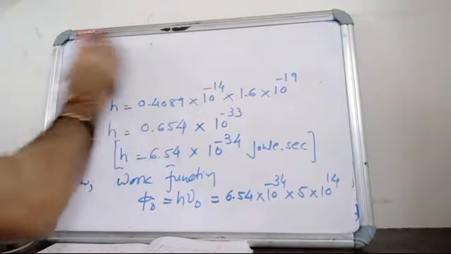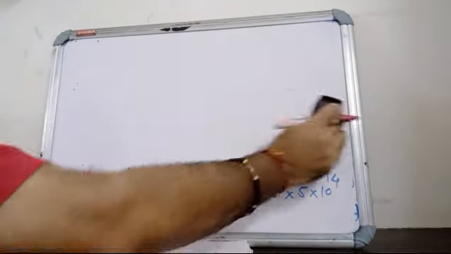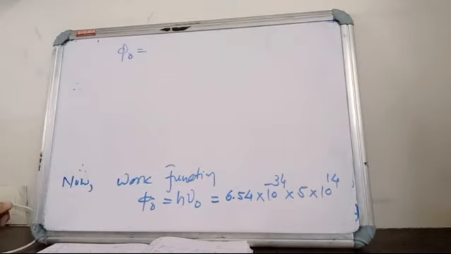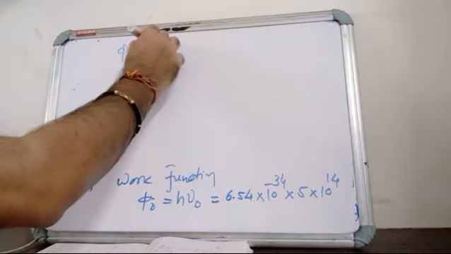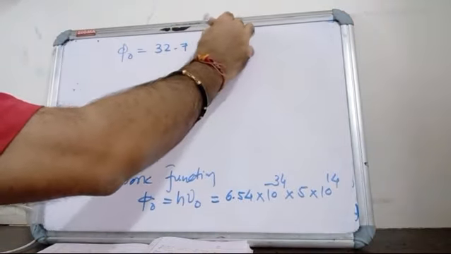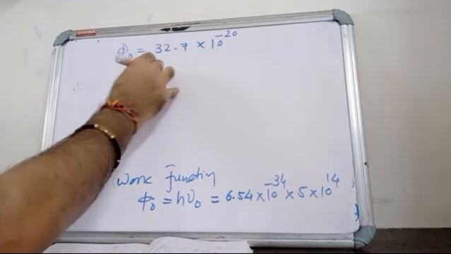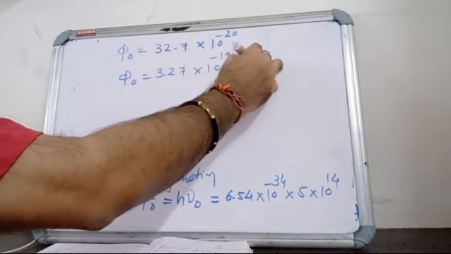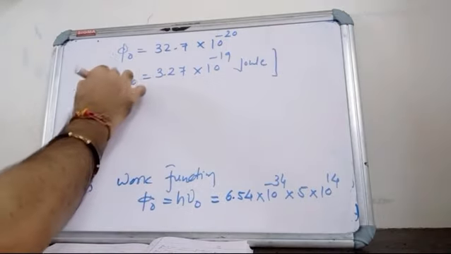Therefore phi 0 is equal to 6.54 into 5, so it is 32.7 into 10 raised to minus 20. So phi 0 is equal to 3.27 into 10 raised to minus 19 joule, right?